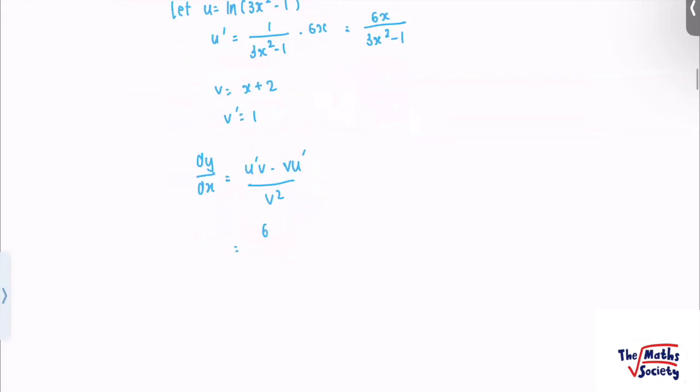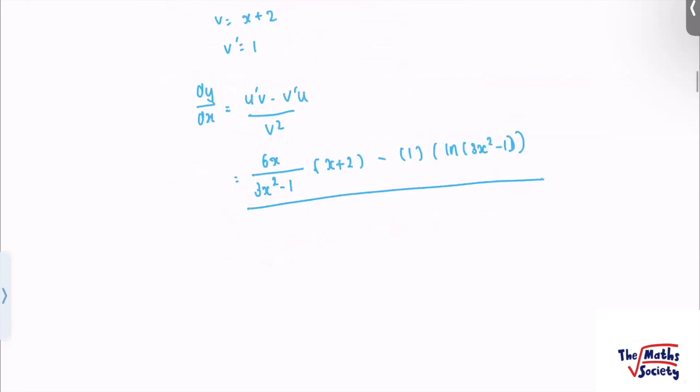So that's u prime, which is 6x by (3x squared minus 1), and v, which is x plus 2, and then minus v prime, which is 1, times u, which is ln(3x squared minus 1), divided by v squared, which is (x plus 2) squared.